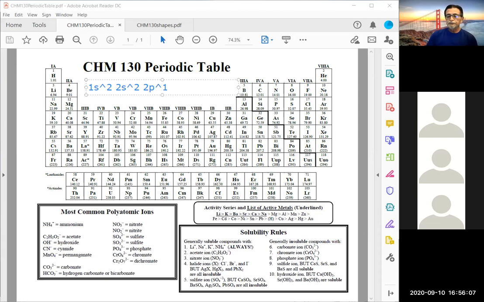Now count all the superscripts, okay? I should have 5 superscripts representing 5 electrons. For boron, of those 5 electrons, 3 of them are in the second energy level, and the other 2 are in the next energy level. And guess what? When I go to carbon, I'm just shooting across.